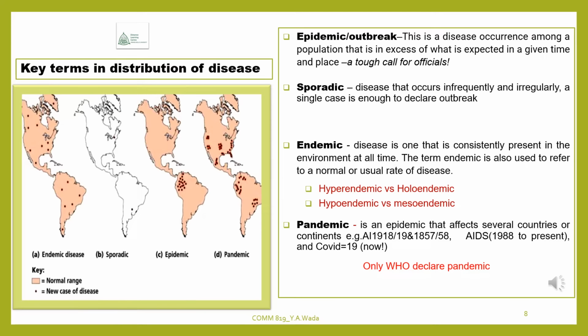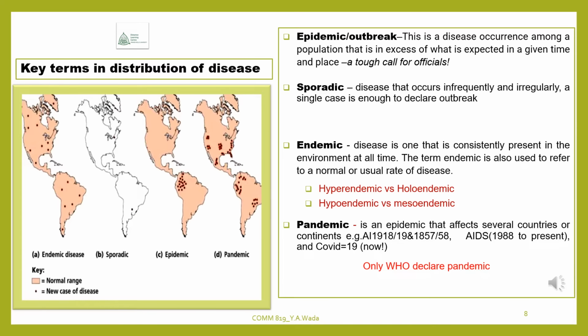The third is an endemic, which is disease that is consistently present in an environment at all times. The term endemic is also used to refer to a normal or usual rate of disease. Okay, and usually terms associated with endemicity of disease could be classified as hyperendemic versus holoendemic.